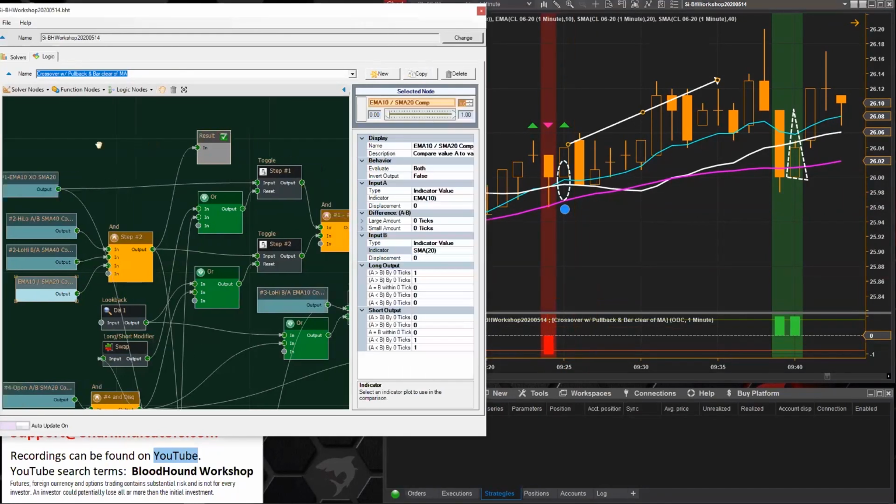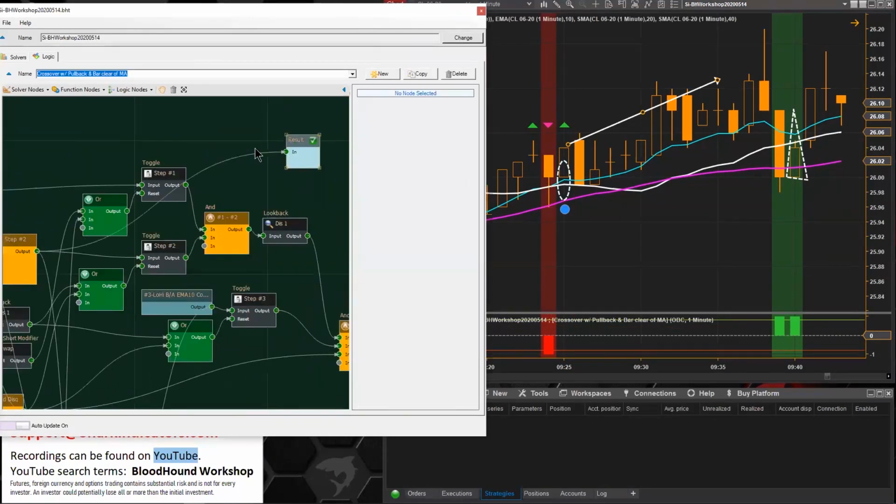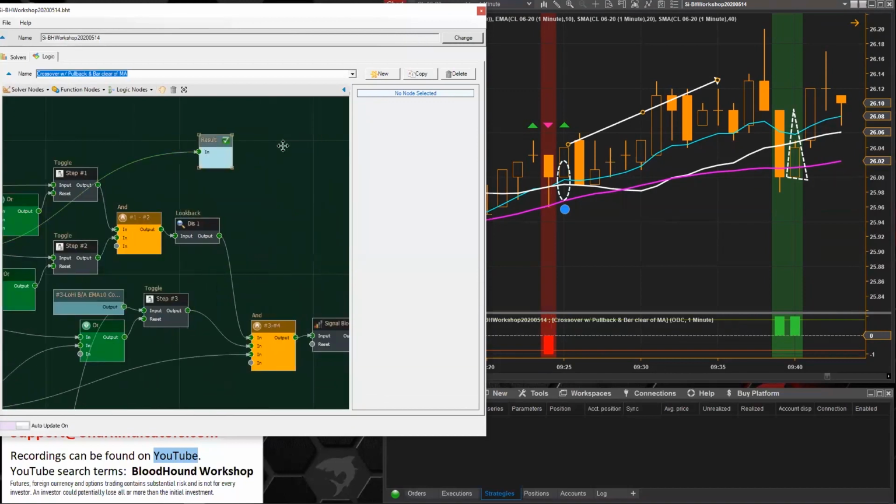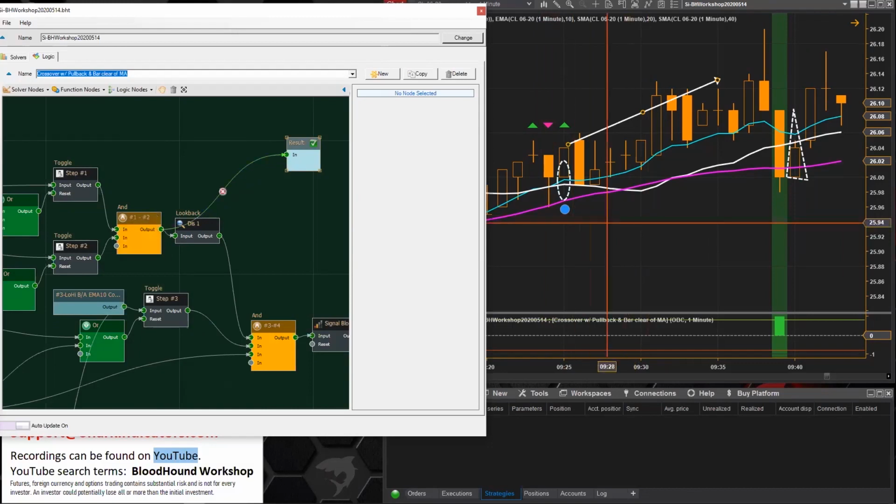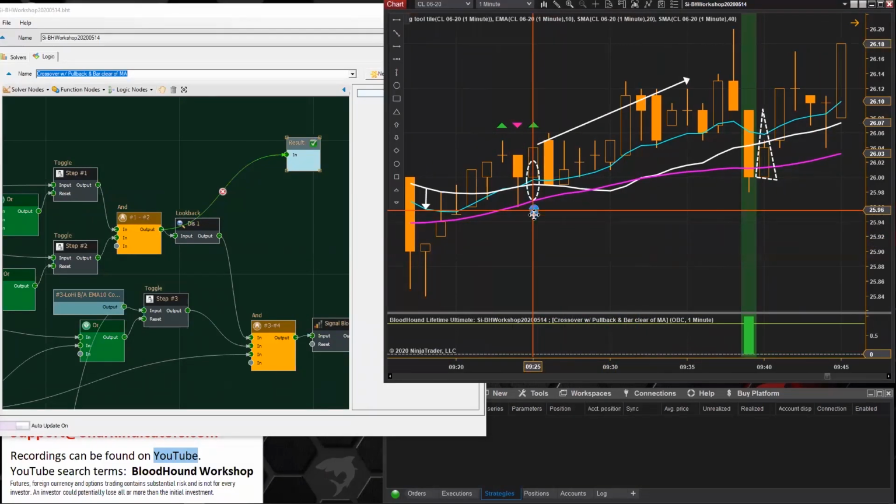So now, if I come back here, let's look at this AND node. Remember I marked it here, number 1 and number 2. Our little dot here is marking number 1, which is our moving average crossover.